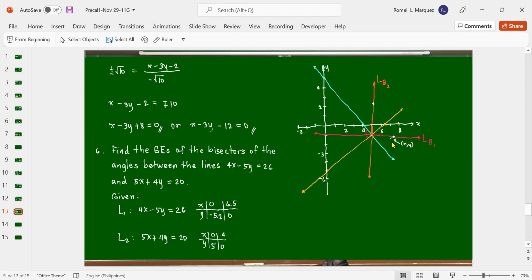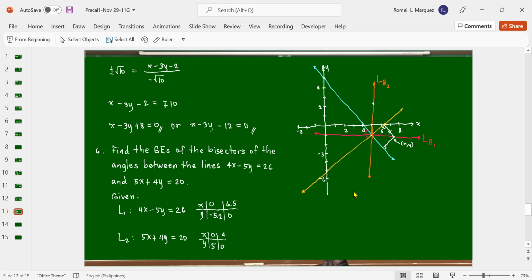So I will make a perpendicular one. So I can apply directed distance of this point XY from the blue, and also the directed distance of this point XY from the yellow. Okay? And they are supposed to be equal, because this is an angle bisector. Any point on this line is of the same distance from the yellow and from the blue. But we are going to take directed distance so that we are able to get the correct equation of the line.